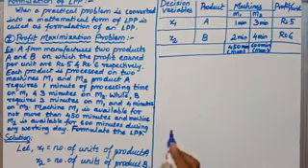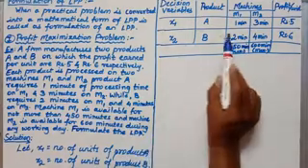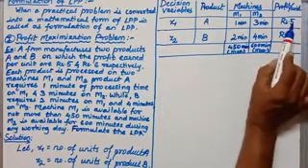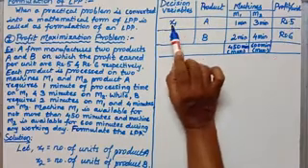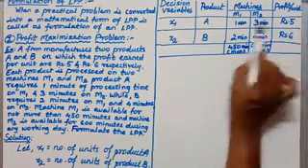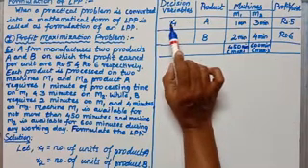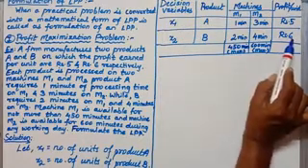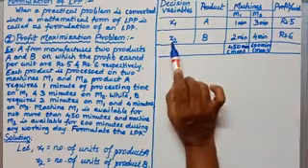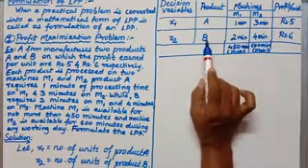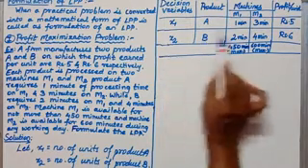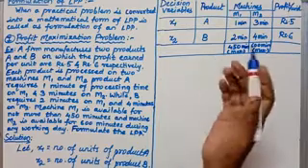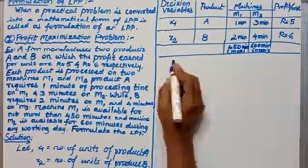Now, the profit of 1 unit of product A is rupees 5, so the profit of x1 units of product A is 5 into x1. Similarly, the profit of 1 unit of product B is rupees 6, so the profit of x2 units of product B is 6x2. That gives us our total profit. Let me write that.